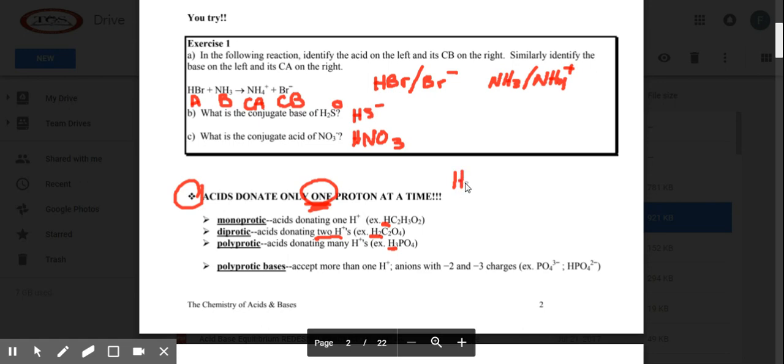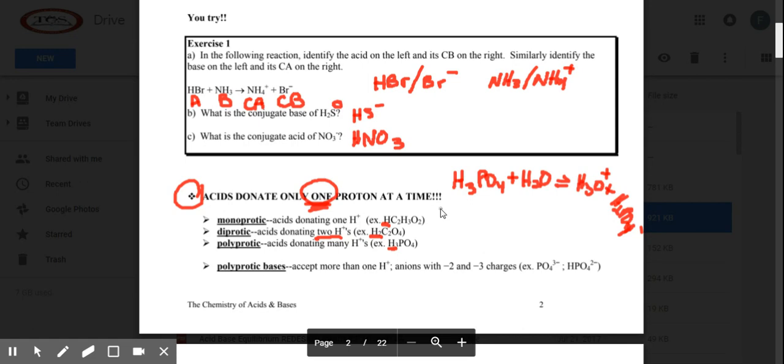If you have this in water, H3PO4 plus water, H3PO4 is acting as your acid, and water is acting as my base. This is going to donate a proton. So we have H3O plus, and what we have left over is H2PO4 minus.